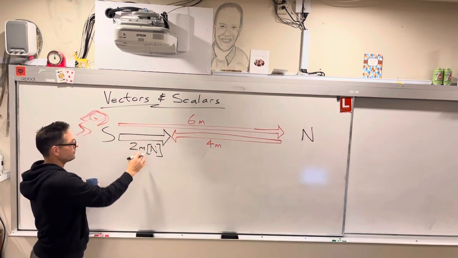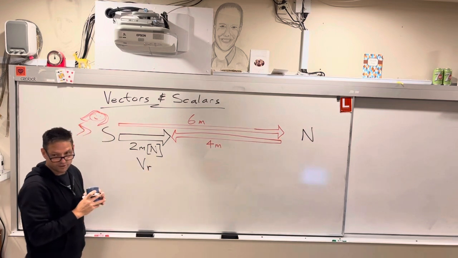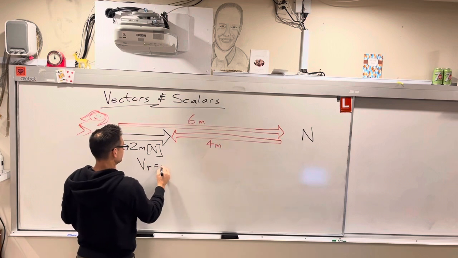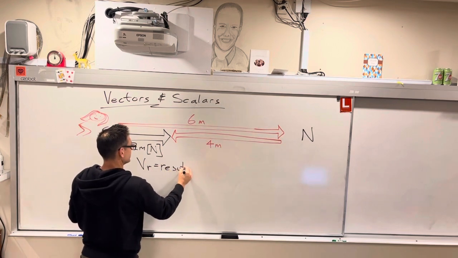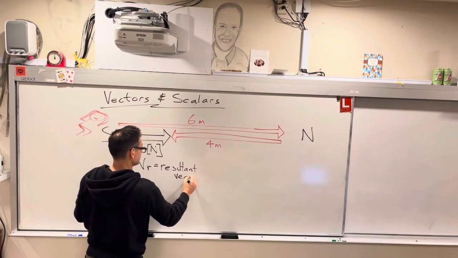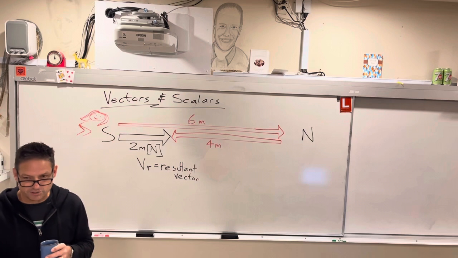This is what we call the resultant vector, VR. It's like the answer, okay? Resultant vector. So you're probably getting the picture of this already.